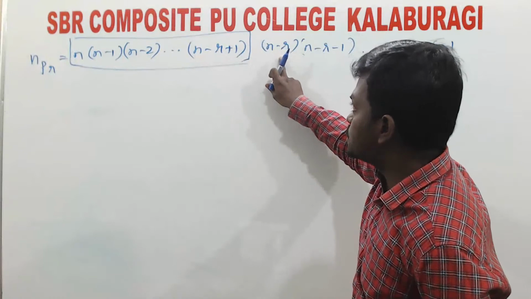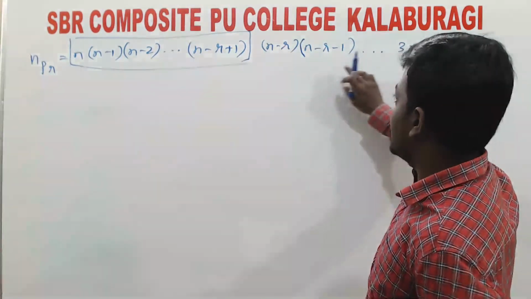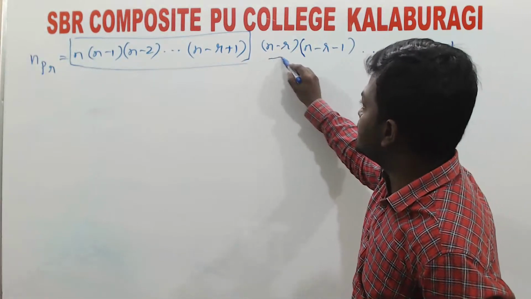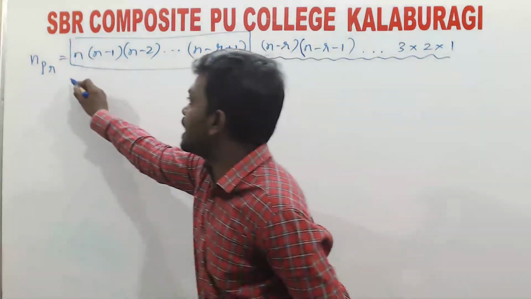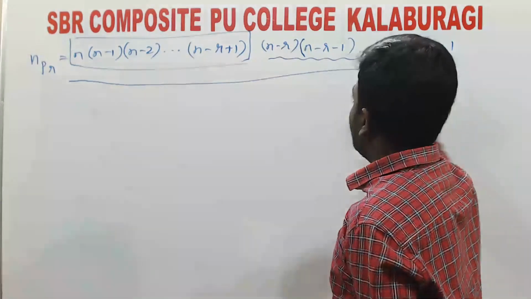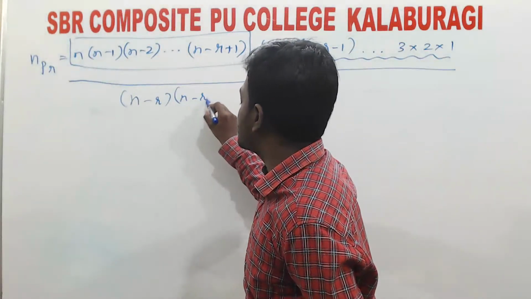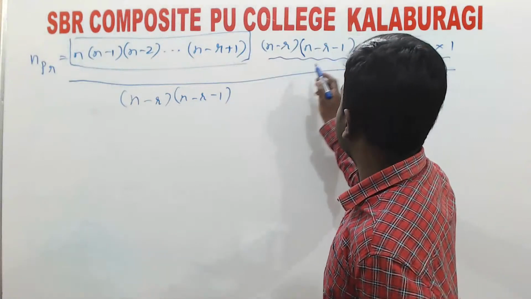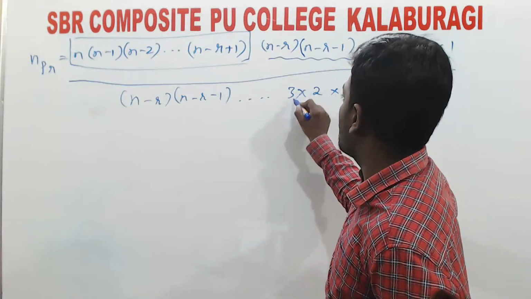From here, reduce by 1: n minus r, n minus r minus 1, up to 3 into 2 into 1. This term is multiplied extra, and it has to be balanced by dividing. In mathematics, things must be balanced. You can't leave it as it is. So n minus r, n minus r minus 1, and so on up to 3 into 2 into 1.